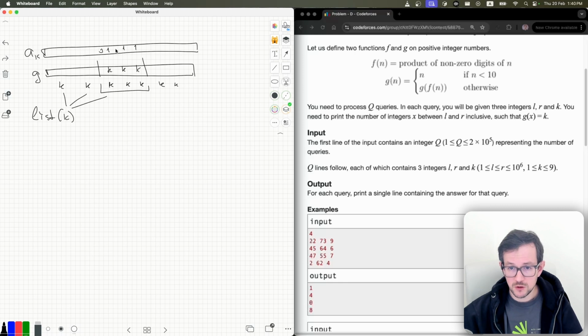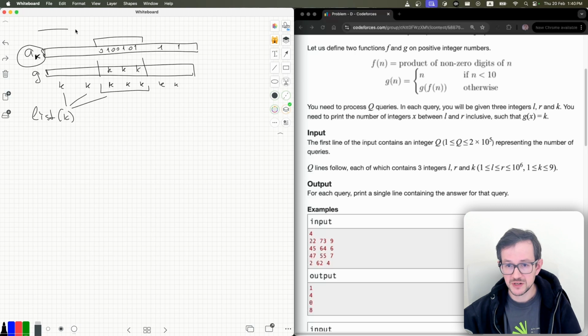All elements are zeros, except values k, which will be ones. And now we just need to calculate the sum on a segment in the data structure for value k. So for each k, I will maintain this vector of ones and zeros, and I need to calculate the sum on a segment. The sum on a segment is just the difference of two prefix sums.